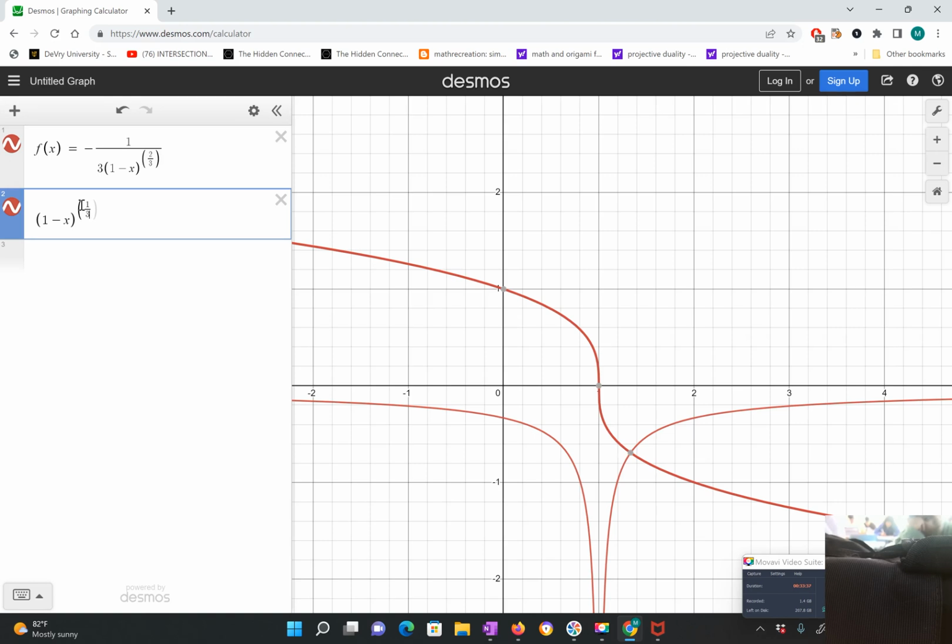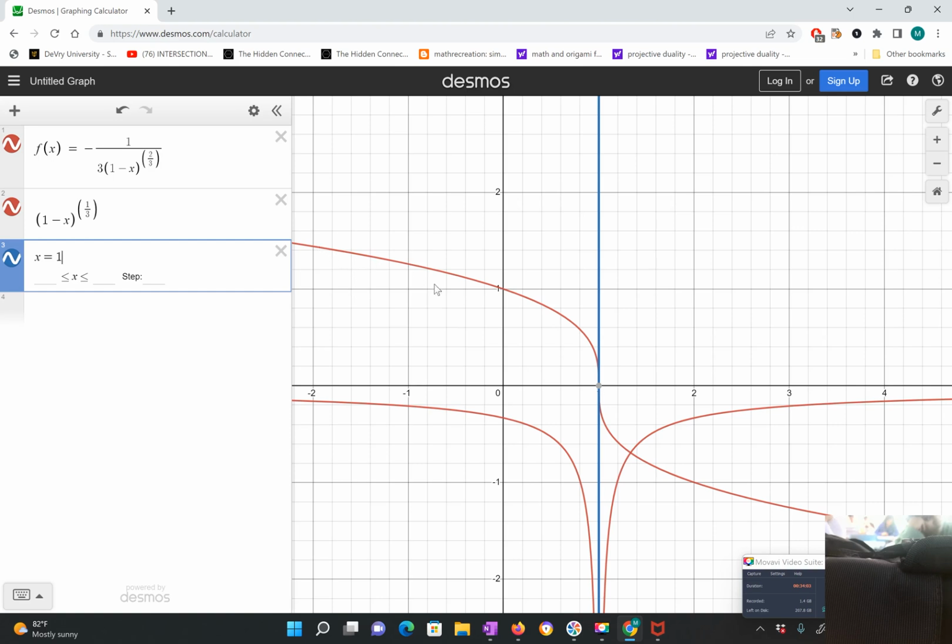What do you see? What's my cutoff number there? 1. Yeah. So what would be a good test number? 2, and 0. Yeah. Because at x equals 1, that's the cutoff. I'm thinking that 0 and 2 would be good test numbers.